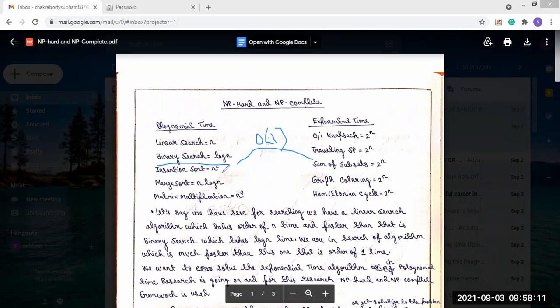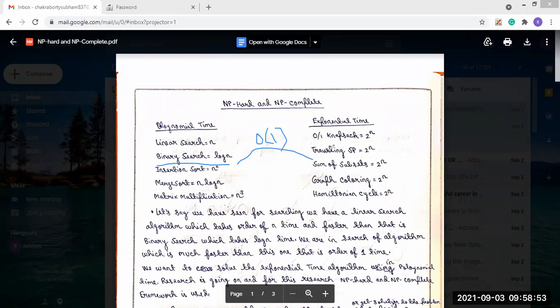That is what I have said: if we are unable to find the solution in polynomial time, we can at least show the similarities between them. Till now we have not been able to find it, because the research is going on over that.